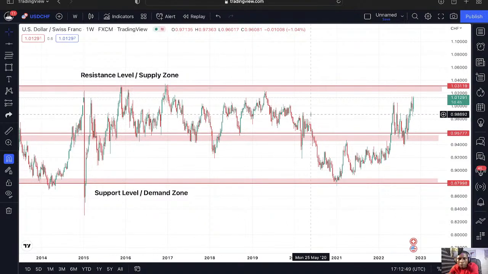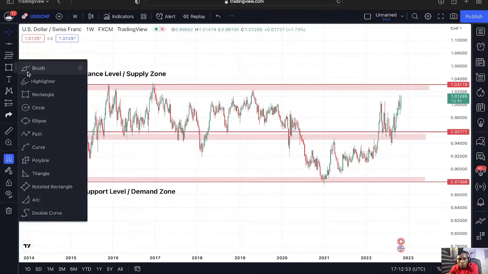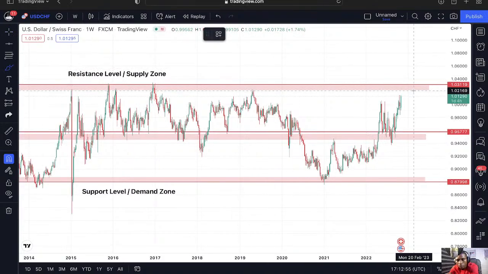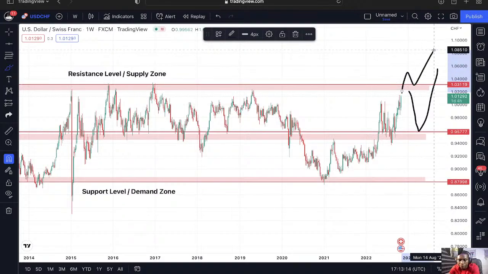So the next price might fall back to this level after coming into this resistance zone. Price might fall back to this level before breaking out. That is what I see price doing, and also there are possibilities that price breaks out, comes to retest, and then keeps moving.